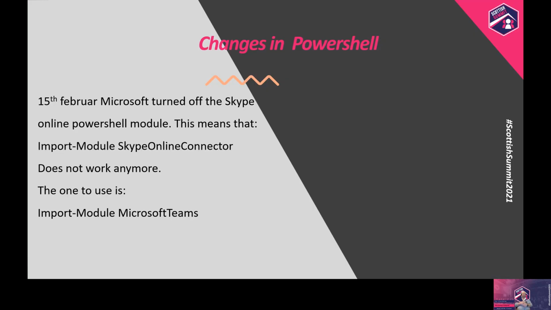On the 15th of February, Microsoft turned off, or at least planned to turn off, the Skype for Business PowerShell module. This means Import-Module SkypeOnlineConnector shouldn't work anymore. I heard the other day that it still does, but use the new one, Import-Module MicrosoftTeams.